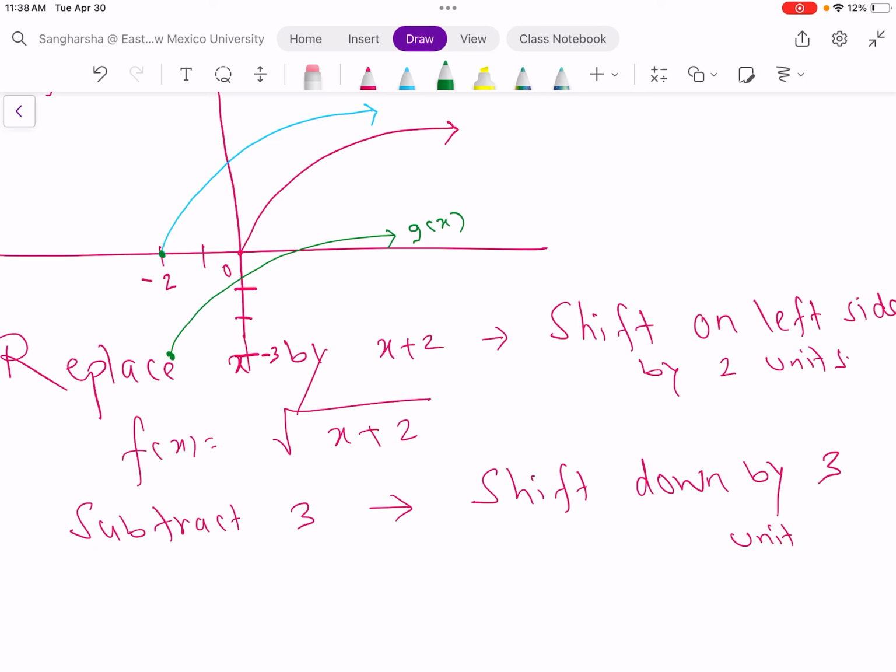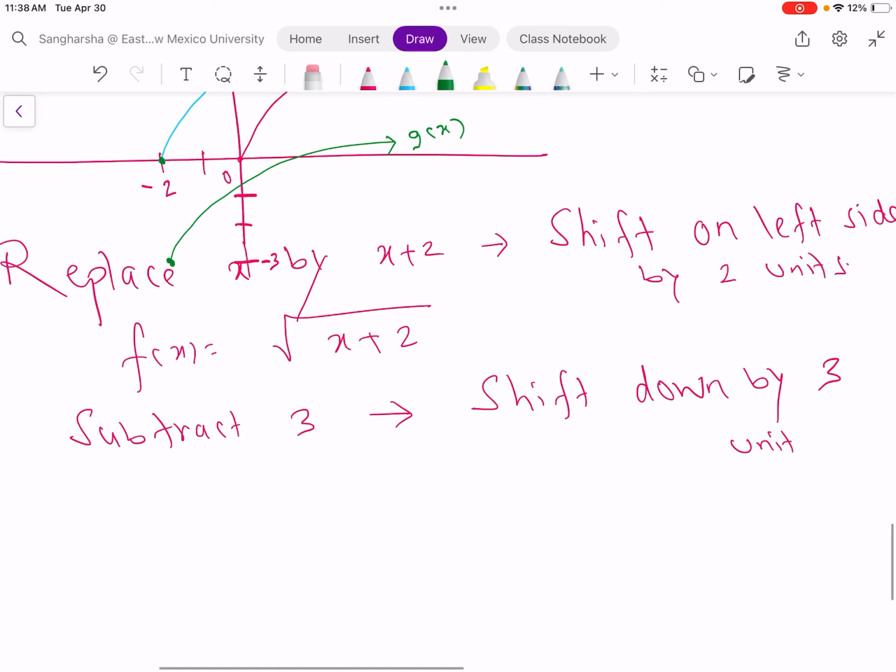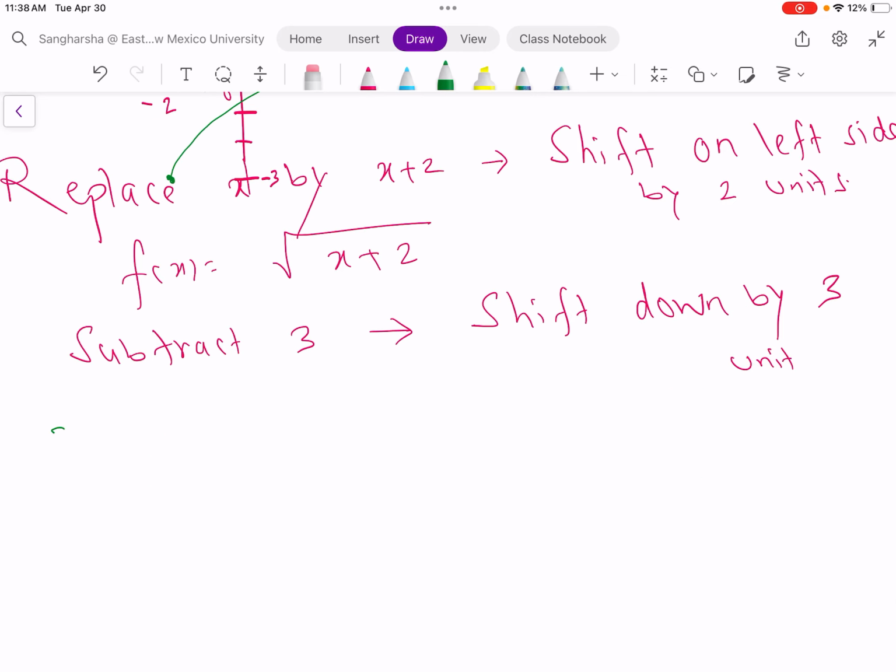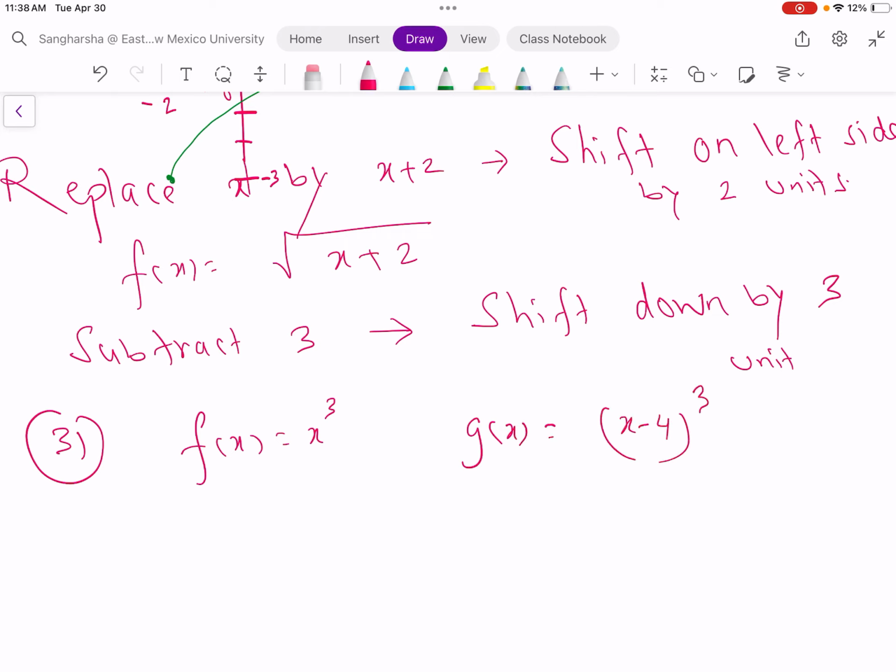Why don't you try number 31 and number 32? Let me give you some time for number 31 and 32. So for 31 your basic function is a cubic function, and the function that you need to graph is x minus 4 cubed plus 2.